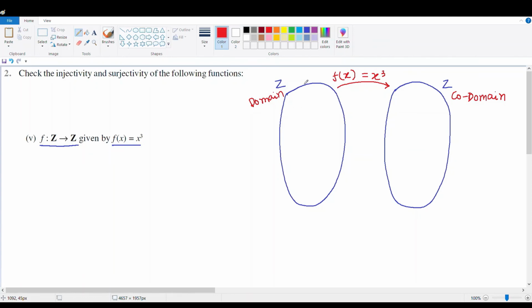Since it is the integer set, it's going to have a bunch of values from negative infinity to negative 3, negative 2, negative 1, 0, 1, 2, 3, 4, 5 and keeps on going till positive infinity. Here same, but I am going to write slightly different values so that we can find the relation from this to this because it is x cube.